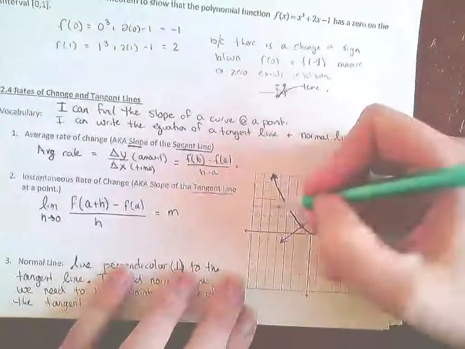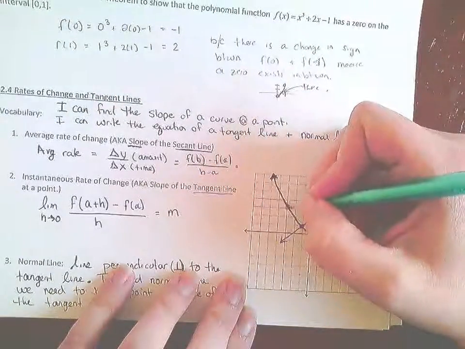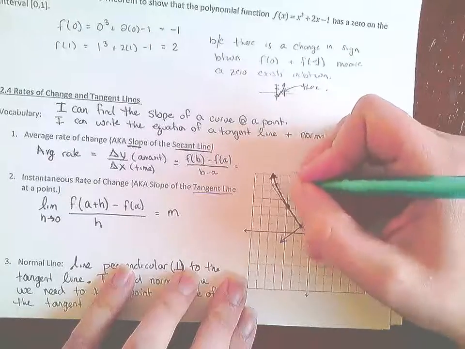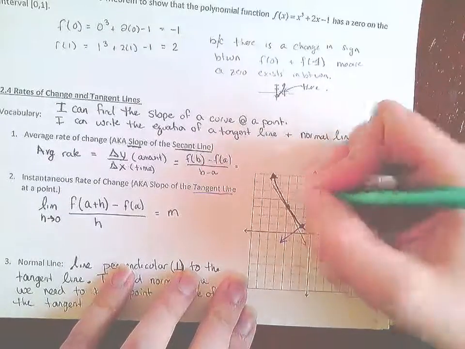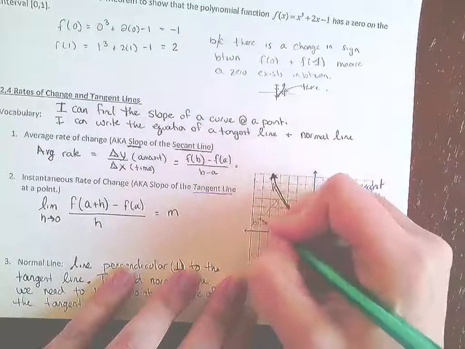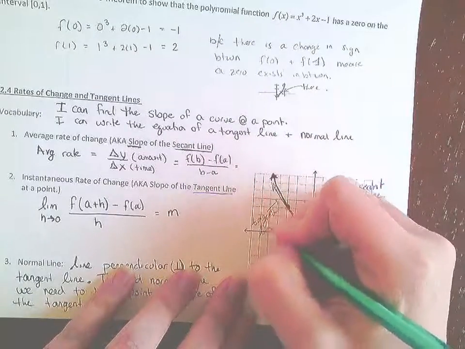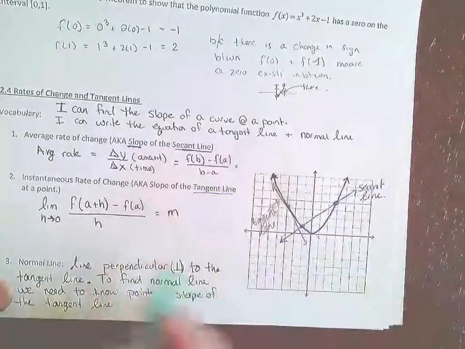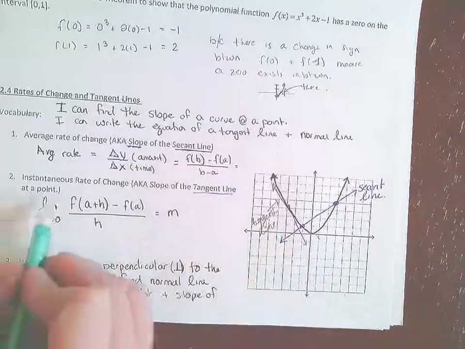The tangent line is more like on the outside of the curve. And there we go. This guy is the tangent line. And the slope of this line is the instantaneous rate.